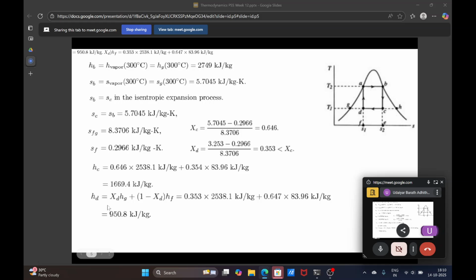And similarly Hd, the same expression, we just plug in the different quality. That gives you enthalpy of 950.8 kilojoule per kg. So now we know all the state enthalpies, we can apply the first law and find out the work and heat transfer.